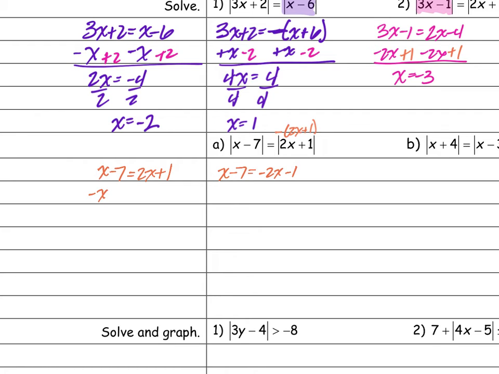So subtract x from both sides, subtract 1 from both sides, and I get negative 8 equals x. And then add 2x, add 7, 3x equals 6, and x equals 2.